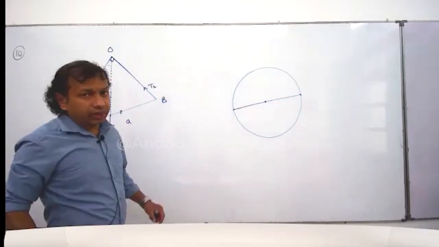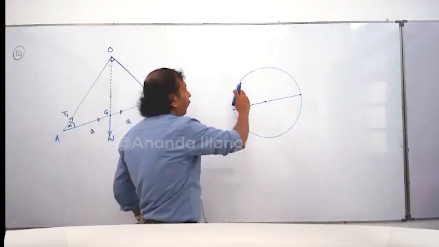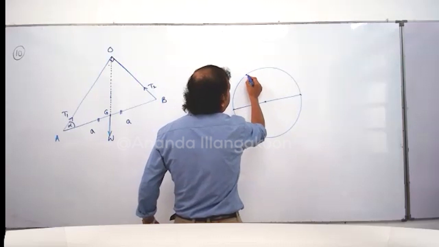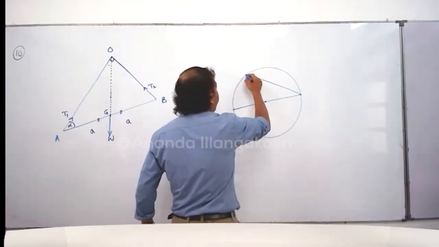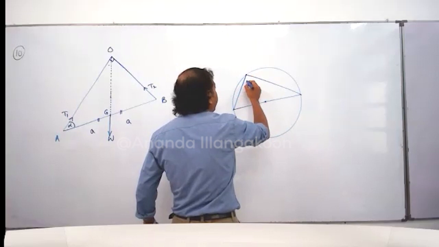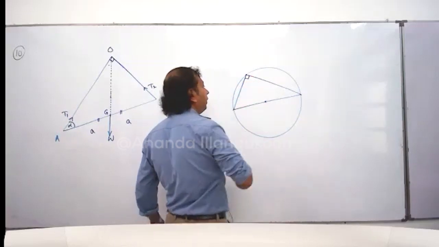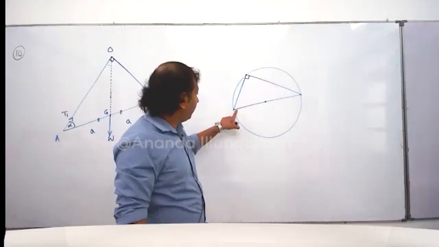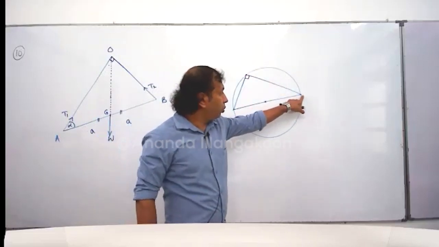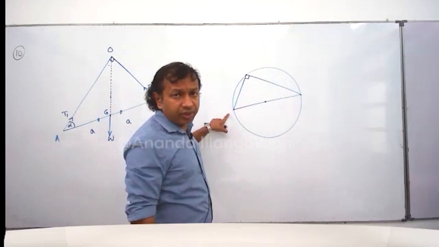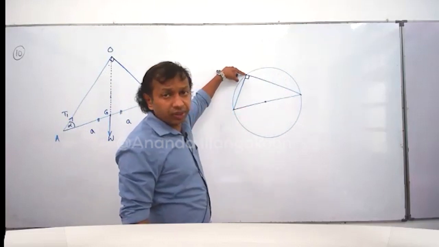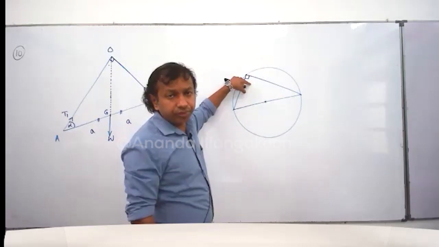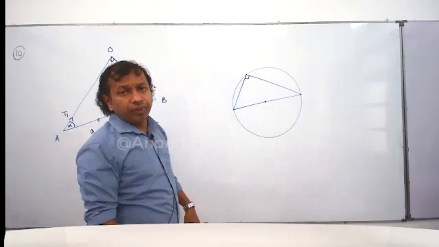When we join the two ends of that diameter to a point on the same circle, the angle between those two lines is 90 degrees.